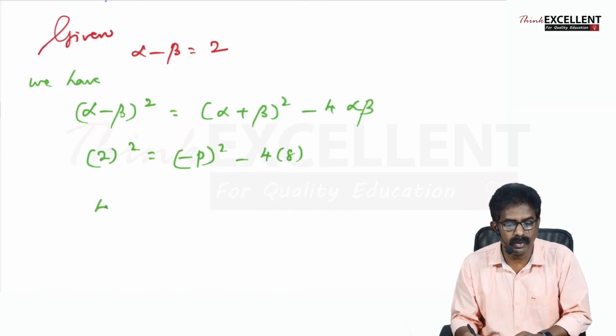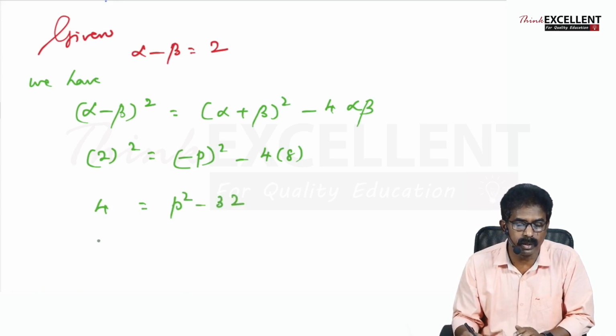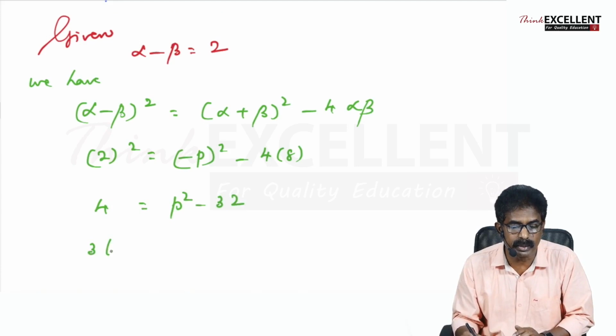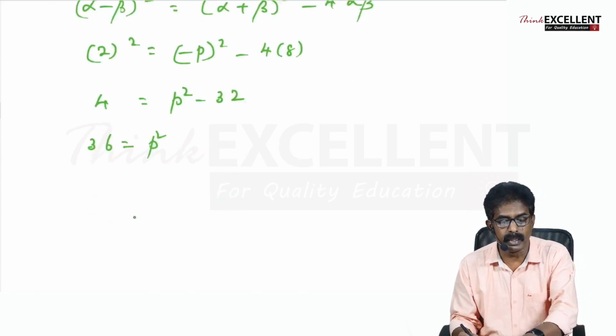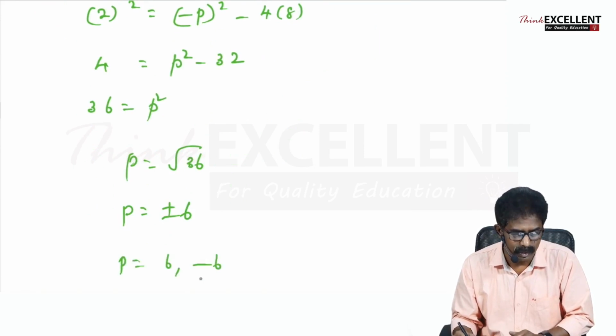So 2 square is 4, minus P the whole square is P square, minus 32, right? Bring the 32 to the left side, 4 plus 32, 36 is P square. So P equal to root of 36. Don't put 6 alone, P equal to plus or minus 6. The values of P are plus 6 and minus 6.